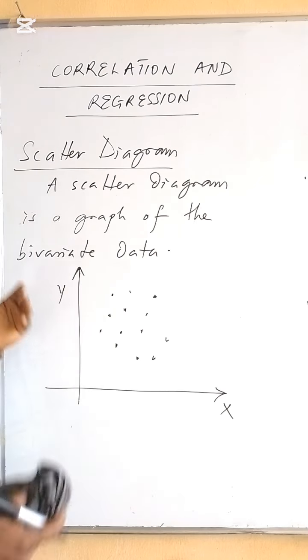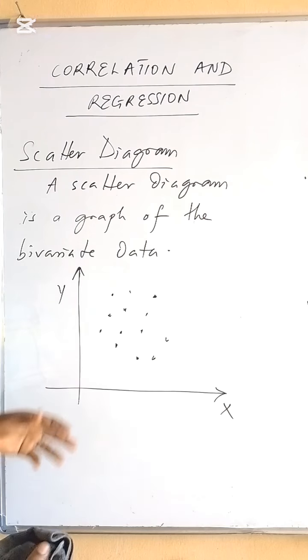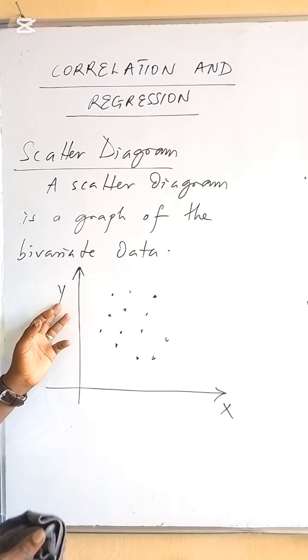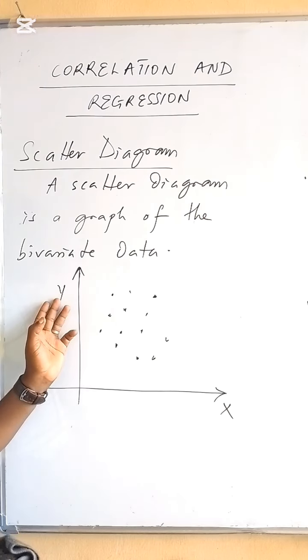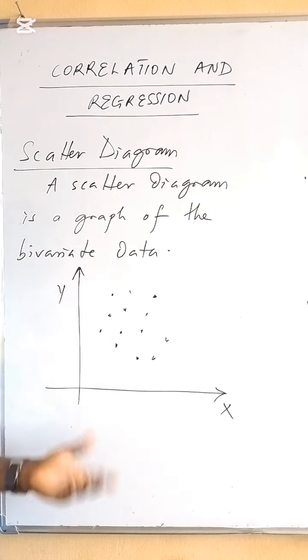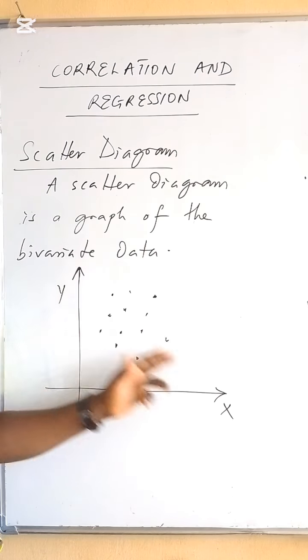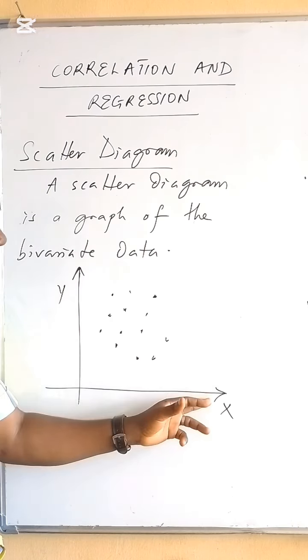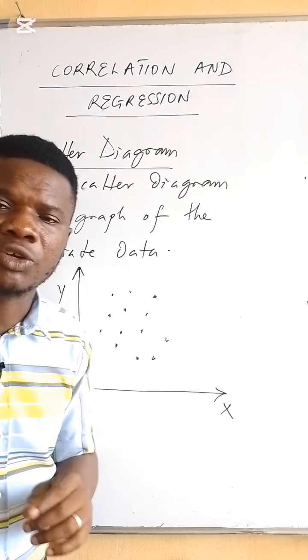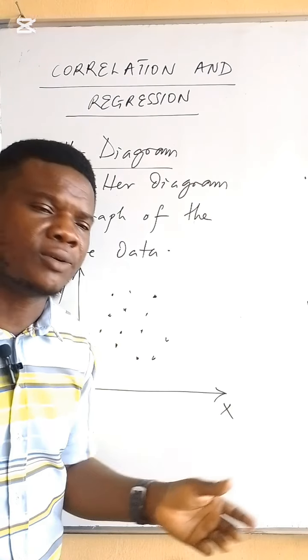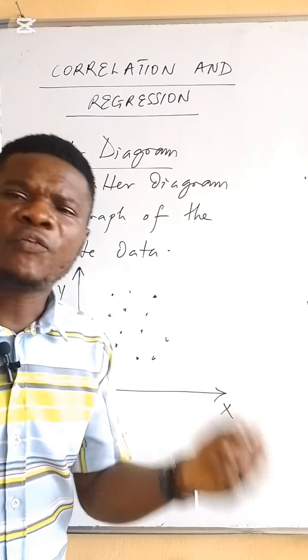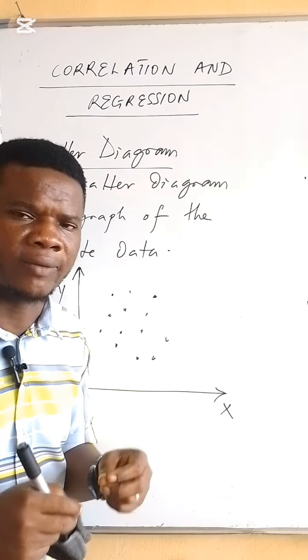Now, why is it a graph of a bivariate data? It is simply because x and y are measurements taken on one item, and when you plot the values of y against x or x against y, it will give you a graph of this nature. Now, the next thing I shall be discussing are the categories of this graph. In what forms can you have the scatter diagram?